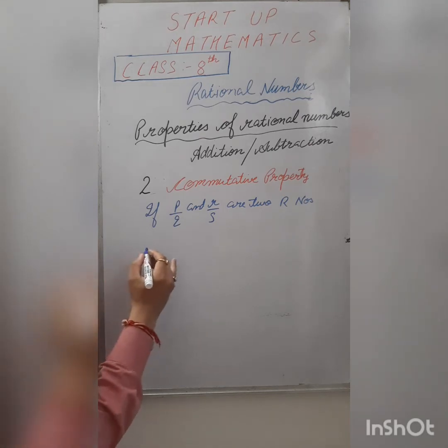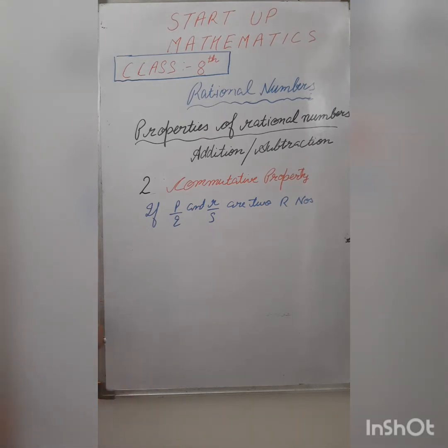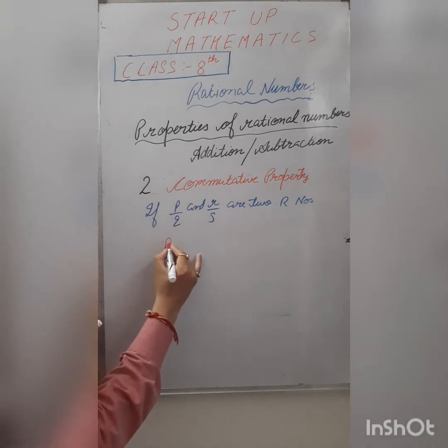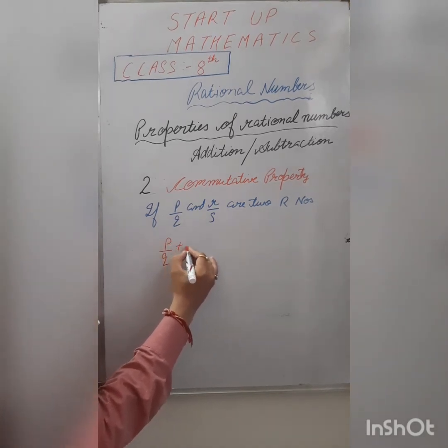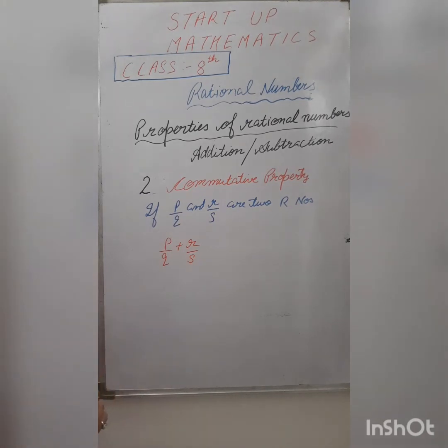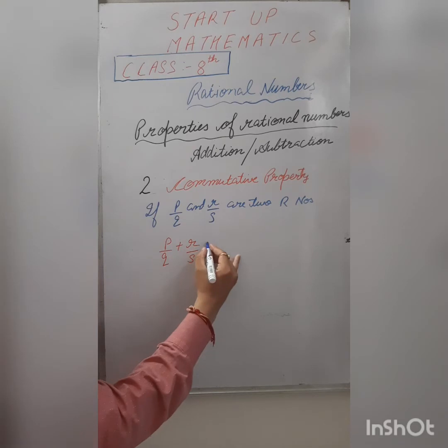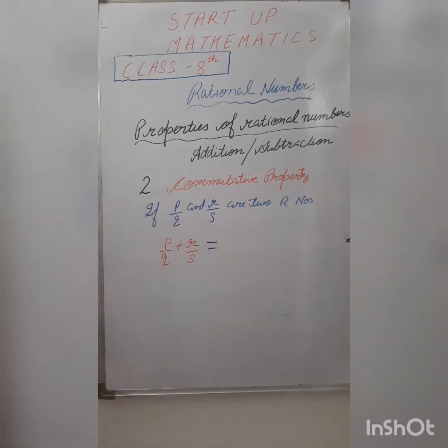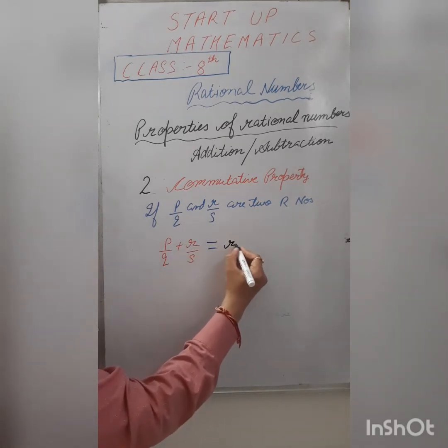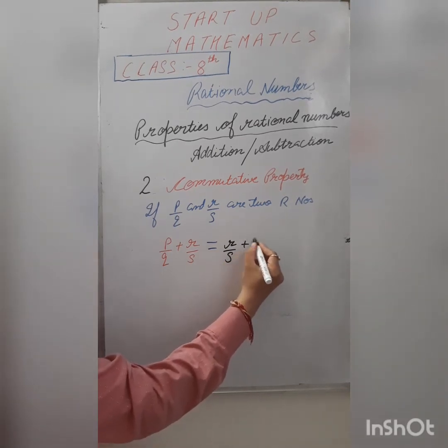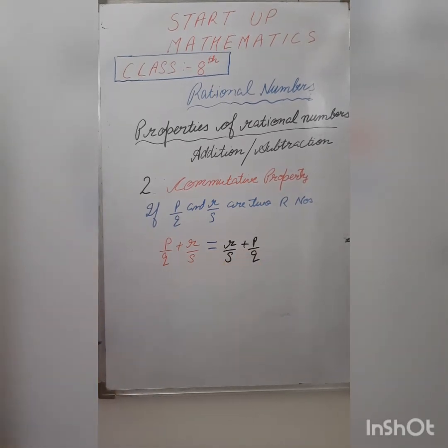Means if I add P by Q plus R by S is the one order, that is equal to R upon S plus P upon Q. Means the sum of two rational numbers in any order remains same.